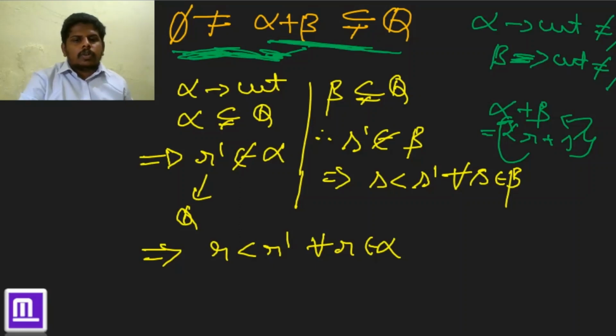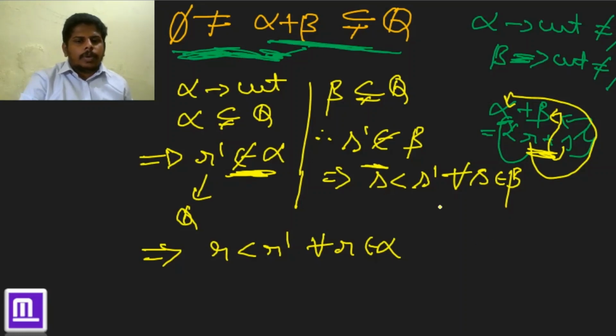All right. So see how our r plus s, here r belongs to alpha and s belongs to beta. Here our r dash does not belong to alpha and s dash does not belong to beta.